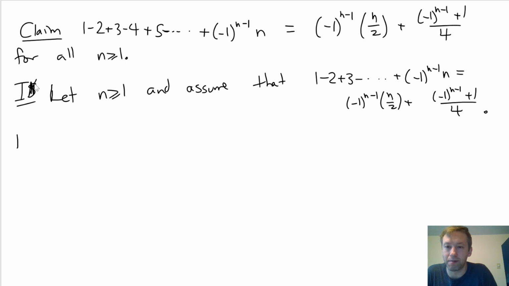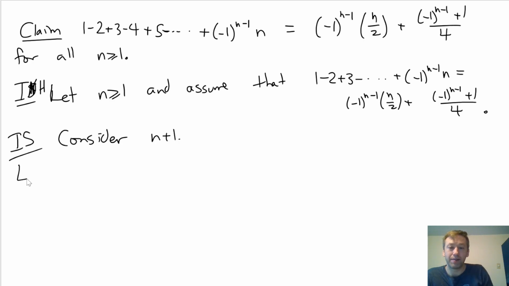Sorry, this was the inductive hypothesis, not the inductive step. This is my inductive step. So consider n plus 1. Now our left-hand side of this thing is 1 minus 2 plus dot dot dot, all the way down to, now if we plug in an n minus 1, well actually let's write down two terms.